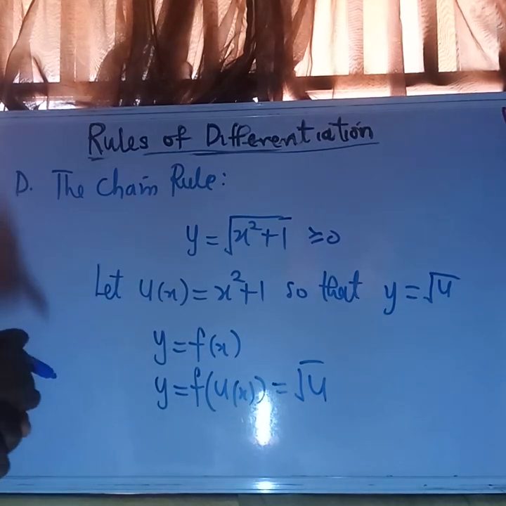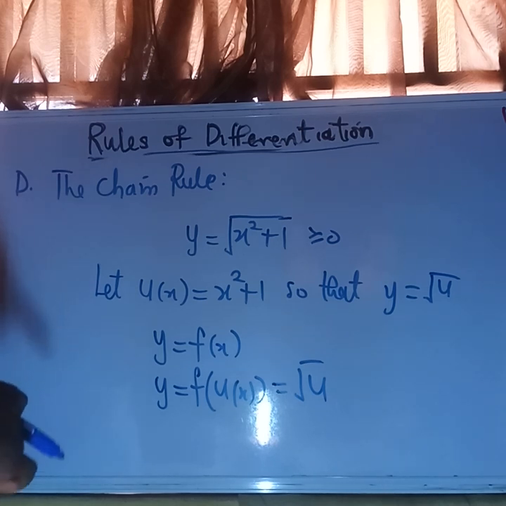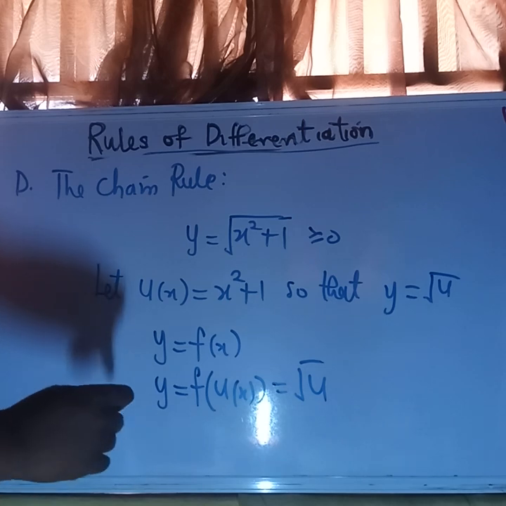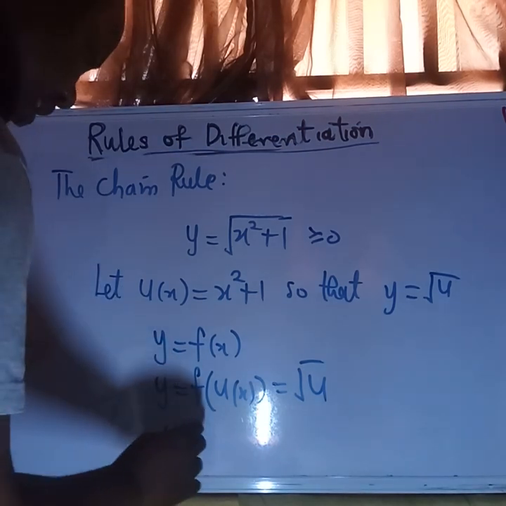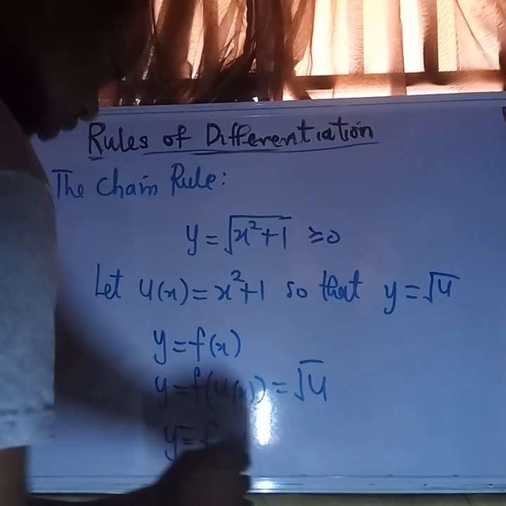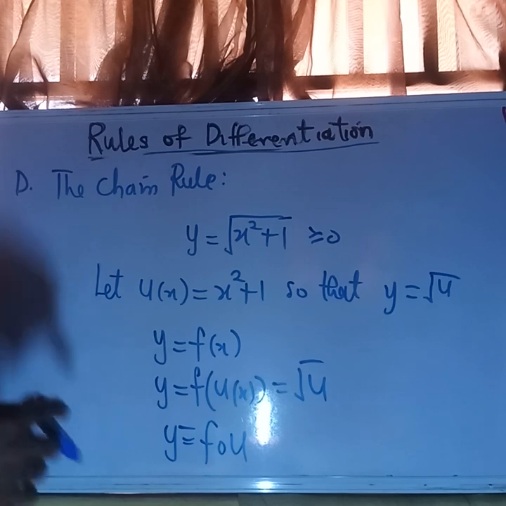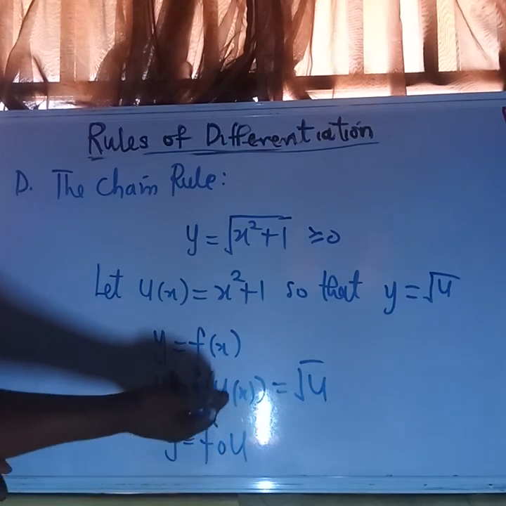So in our elementary mapping, we refer to this as a composite function. In this case, we'll say this f is a function of the form f of u, which means a composite function. And this literally means what we have here.